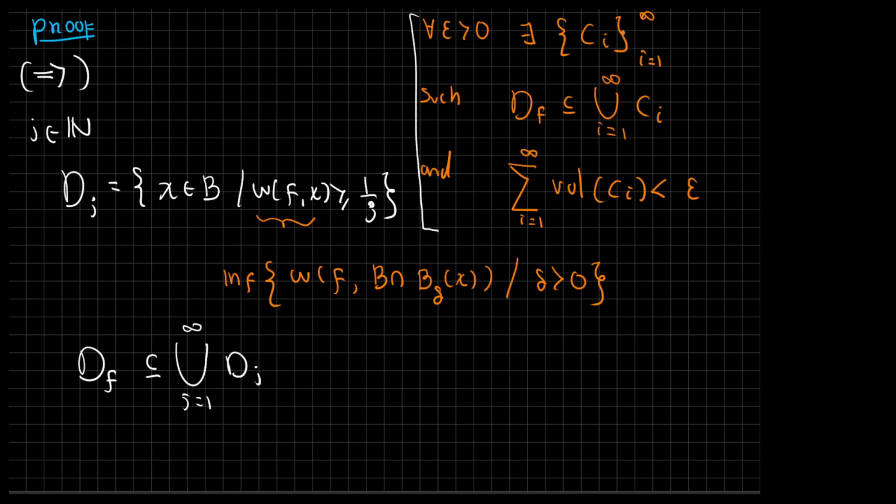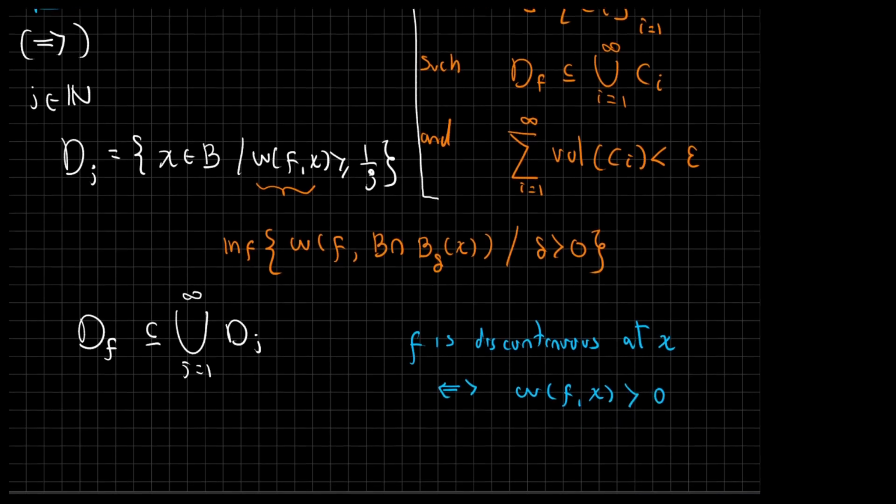This is so because you need to remember that f is discontinuous at x if and only if the oscillation of f at x is different from 0, that is, greater than 0.